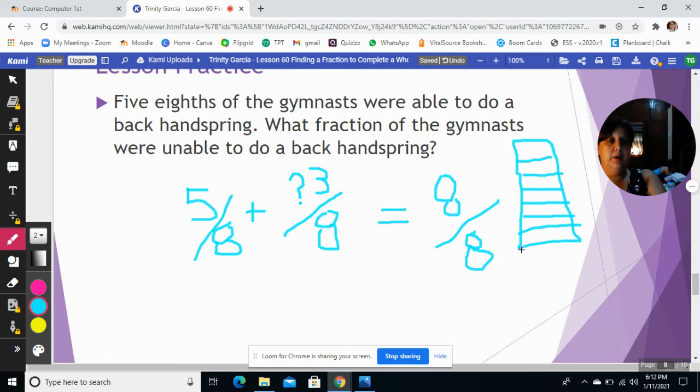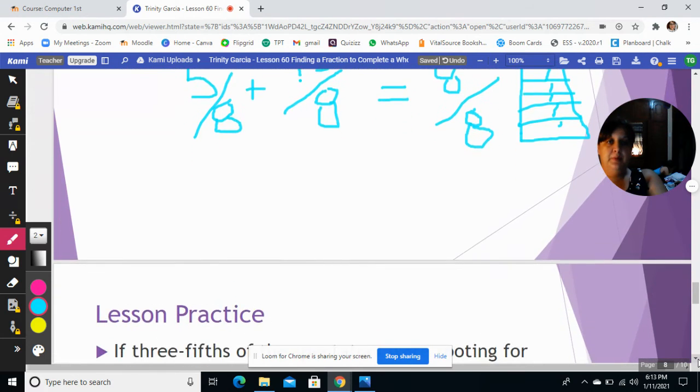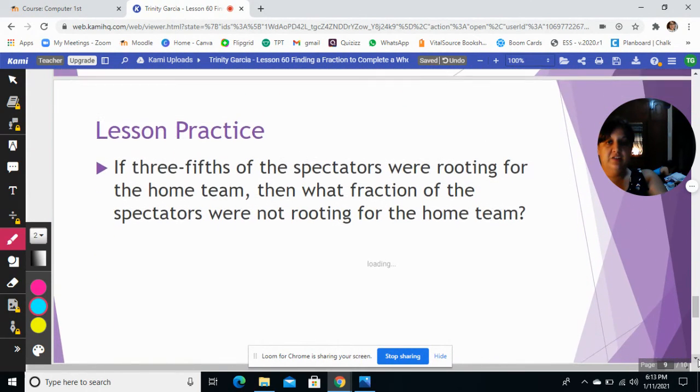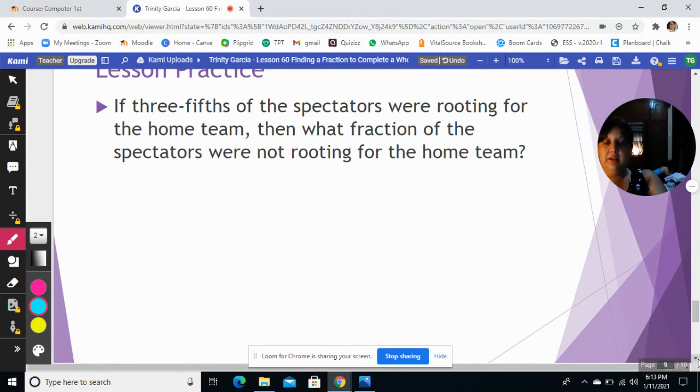We need one more part. We know that we got 1, 2, 3, 4, 5. So we have the 3/8 left up here. Okay, so whichever way you prefer is fine. Some people work better visually. Some people like to just know the numbers and get on with it. Either way is fine.